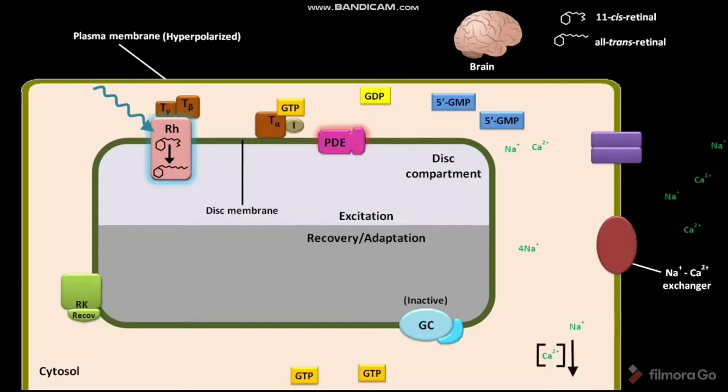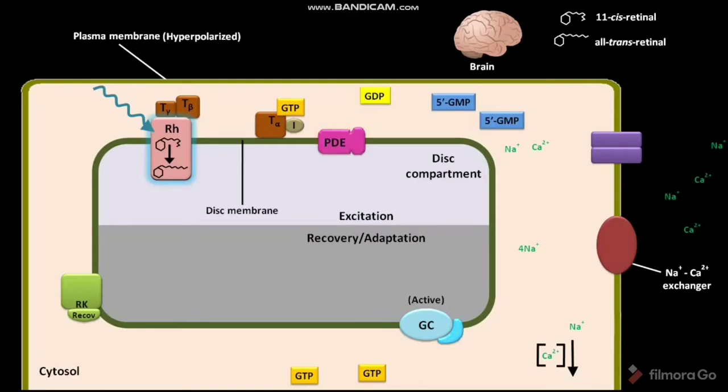This decrease in cytosolic calcium ion concentration causes the conversion of inactive guanylyl cyclase, or GC, into active guanylyl cyclase, or GC. This decrease in cytosolic calcium ion concentration also inhibits the PDE.